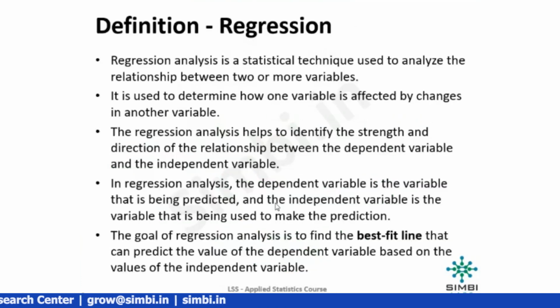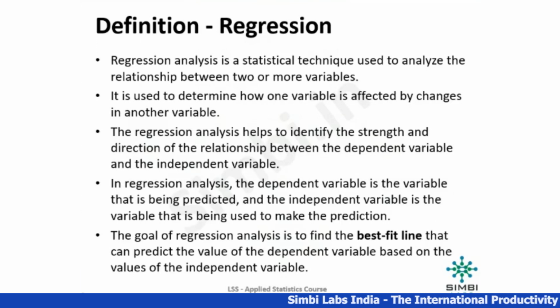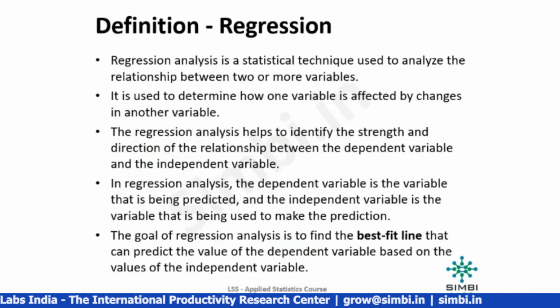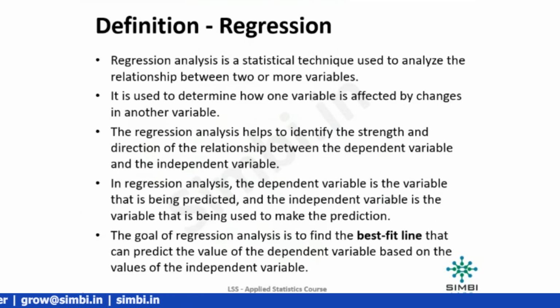So, what does regression mean? In our earlier classes, we already learned that it is a statistical technique. It analyzes the relationship between two or more variables, and we can use that information to estimate the value of the dependent variable. The main objective of multiple regression is to develop a model that describes a dependent variable using more than one independent variable.